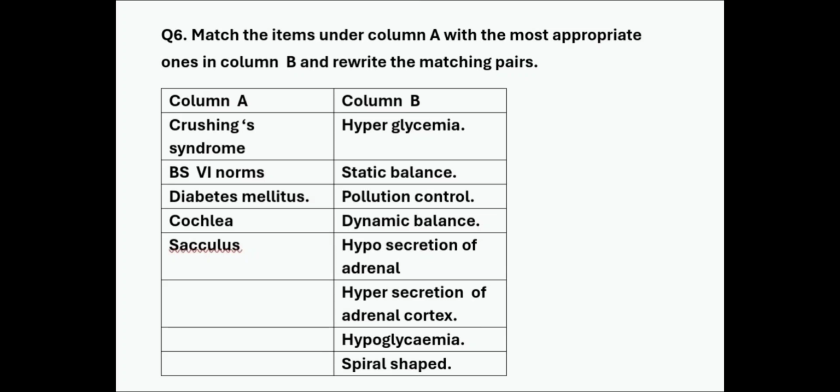So we don't shuffle both column A as well as column B. We only shuffle the terms in column B to make exact matching pairs.